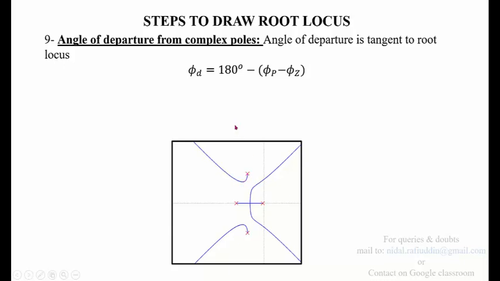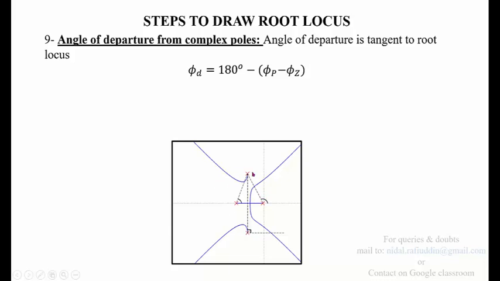That particular angle is tangent to the root locus. So phi d, the angle of departure, is given by the expression 180 minus phi p plus phi z, and phi p and phi z are computed from the poles that are remaining.